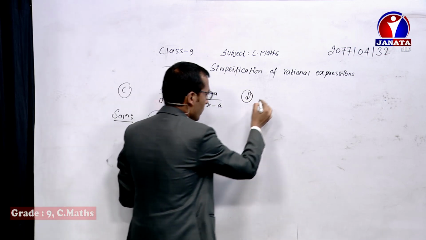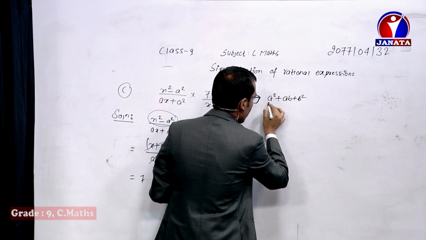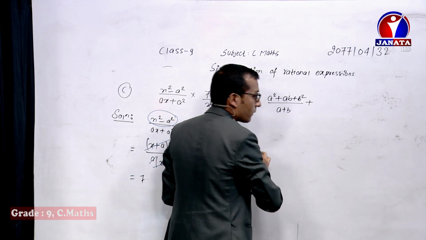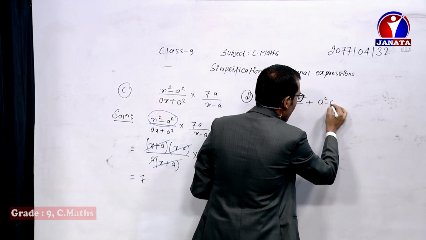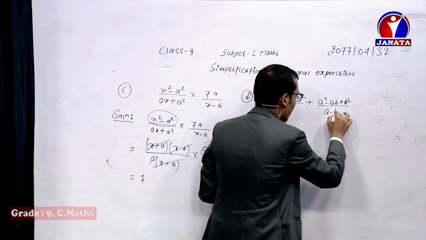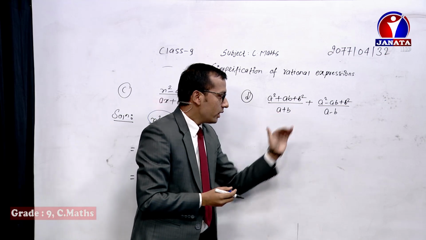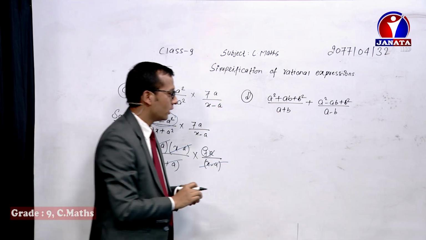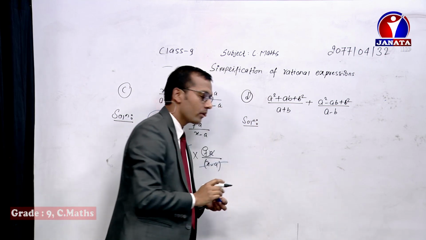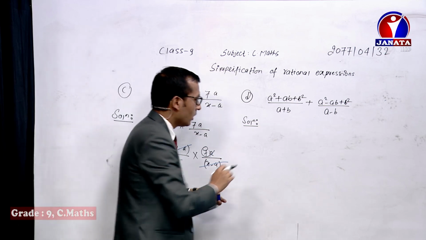We have the next question here: a square plus ab plus b square over a plus b, plus a square minus ab plus b square over a minus b. Let's see the denominators. If the denominators are unlike, we need to take the LCM.